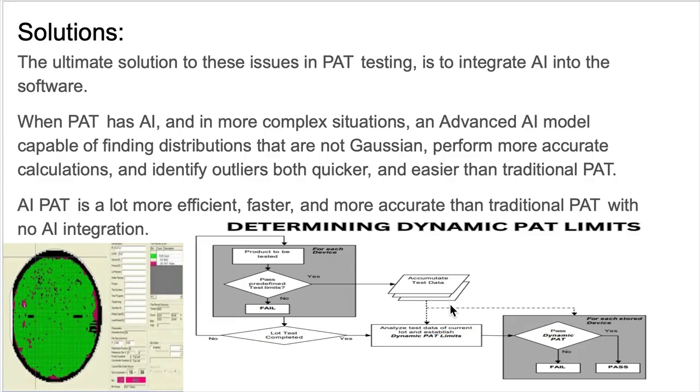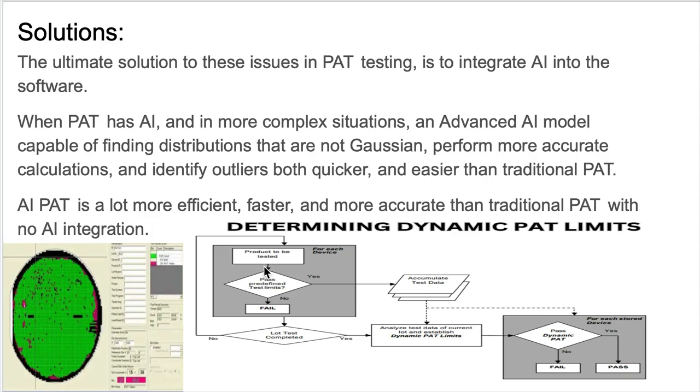There's basically two sets, and at first there's one set. If it's a pass, then it goes to the next test. Basically, it goes to the accumulate test data, and it goes to the second. It goes to the dynamic PAT test, and if that's a pass, then the limit was found.